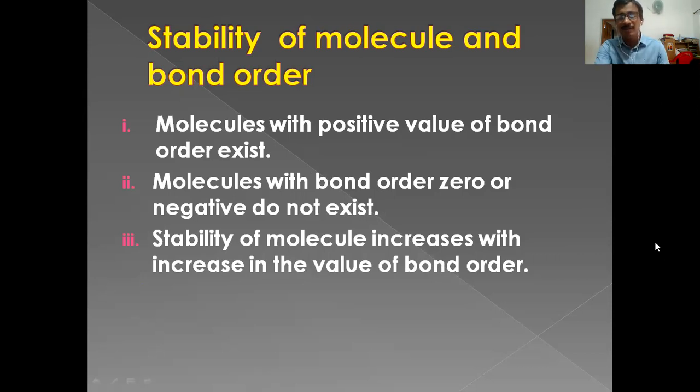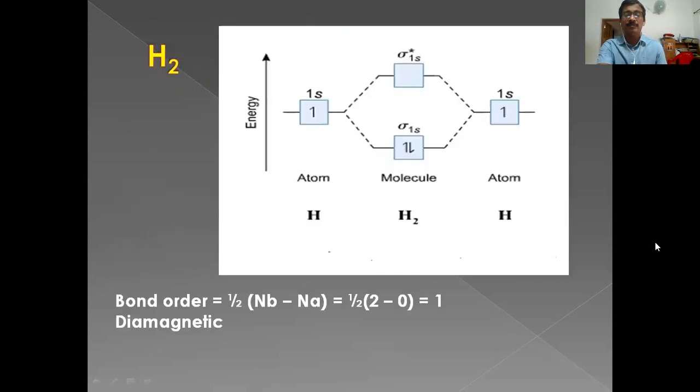Now we can see the drawing of molecular orbital diagrams, MO diagrams. The first one is hydrogen. As I already mentioned, a hydrogen atom has 1 electron and the hydrogen molecule has 2 electrons. When you draw the molecular orbital diagram, on the left side you have to show the increasing direction of energy. Here it is clear, energy is increasing in this direction.